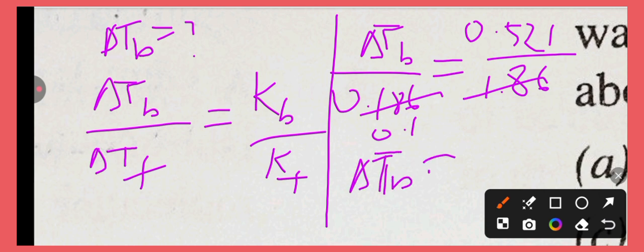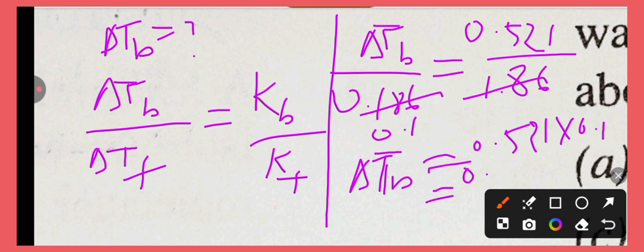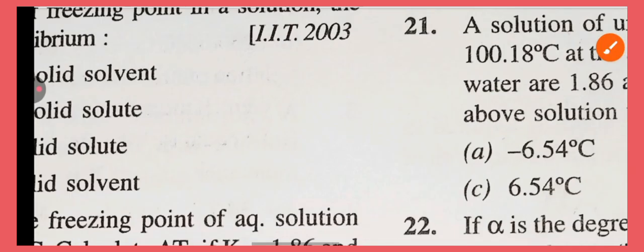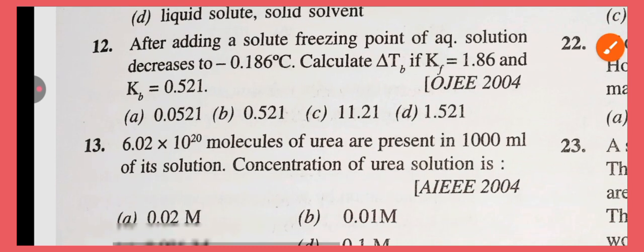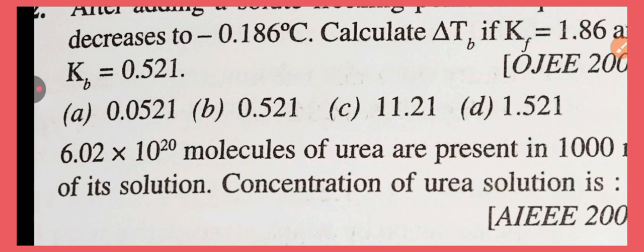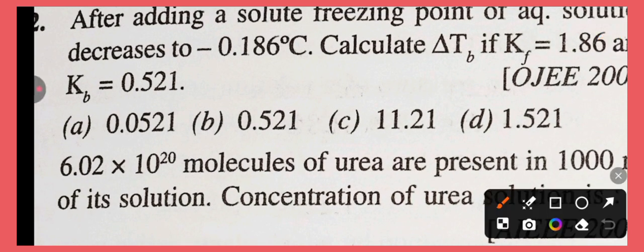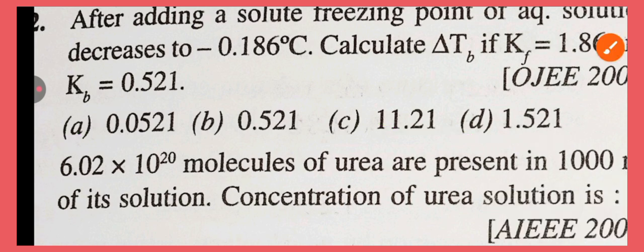Del Tb is equal to 0.521 into 0.1, equal to 0.0521. Hence the correct answer is del Tb equal to 0.0521. Okay, let's move to the next question.